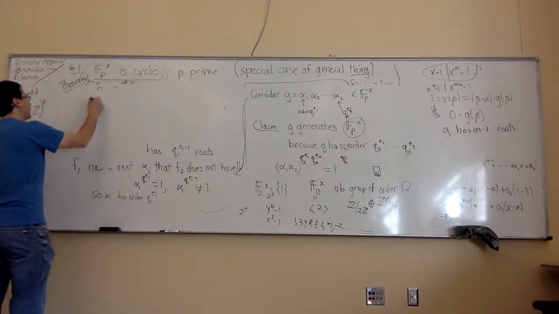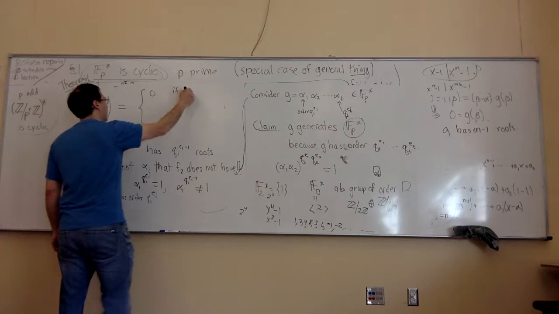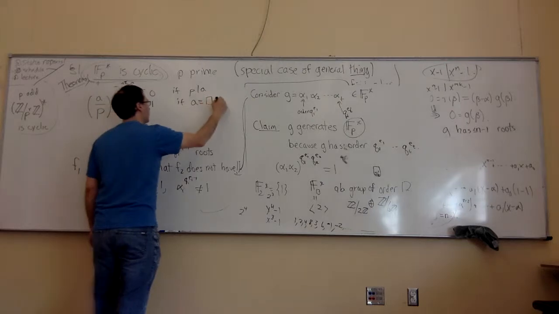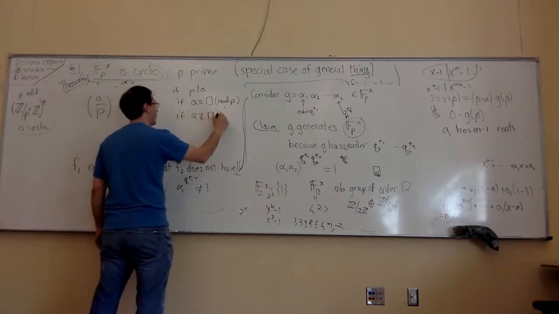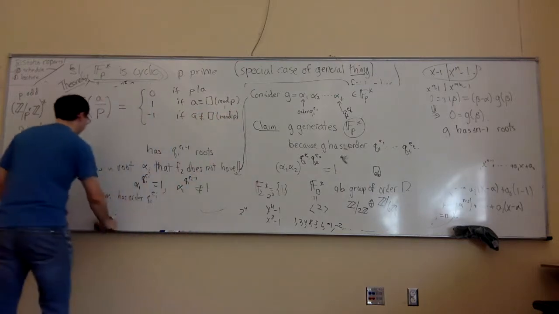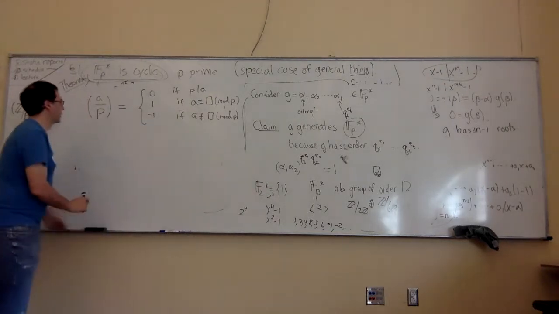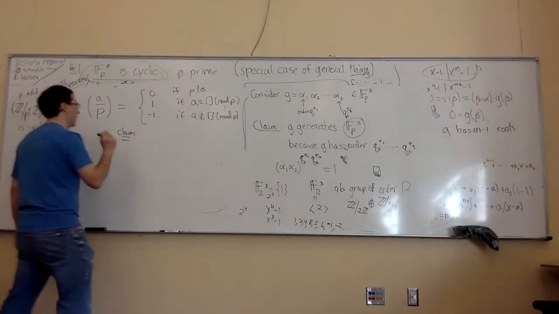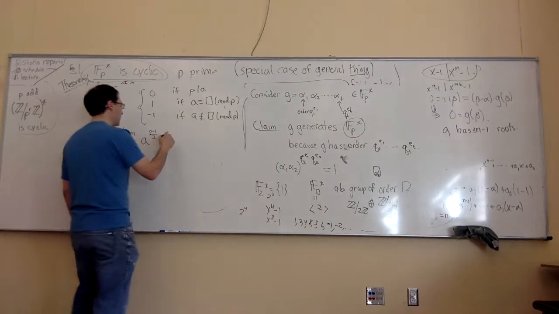Remember the Legendre symbol from last time, the symbol A over P. This is 0 if P divides A. It's 1 if A is congruent to a square mod P. And it's minus 1 if A is not congruent to a square mod P. Okay, so here's the claim. This is exactly the same as A to the power of P minus 1 over 2. I should say it's congruent to A to the power of P minus 1 over 2 mod P.